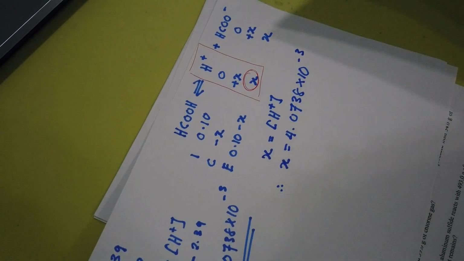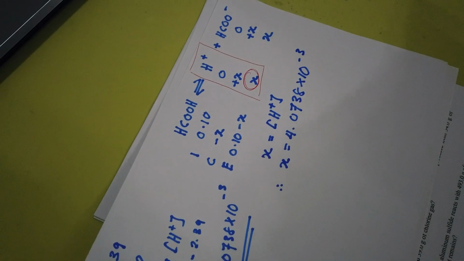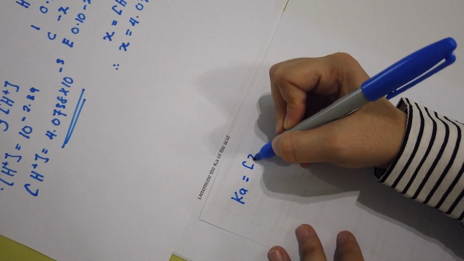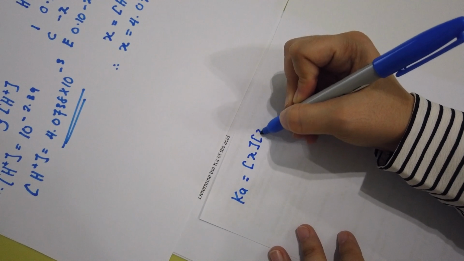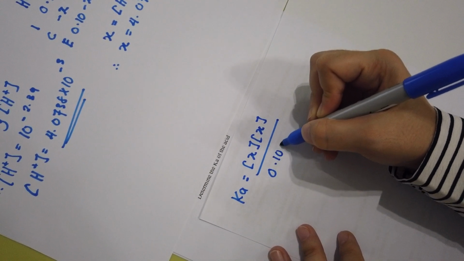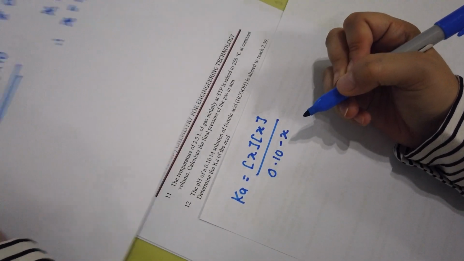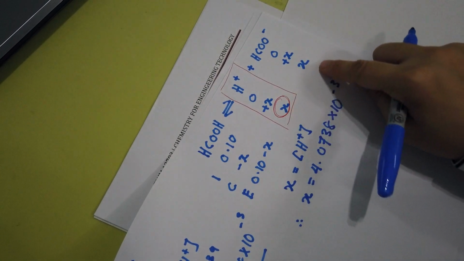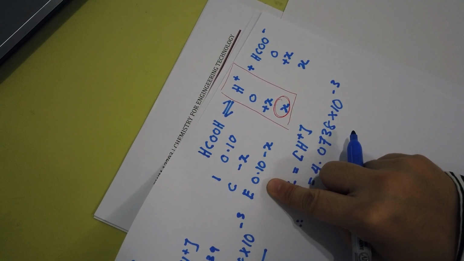Since the question asks you to calculate the value of Ka, Ka is equivalent to X times X divided by 0.10 minus X, which you get from your ICE table over here: whatever is in the products divided by whatever is in the reactant.